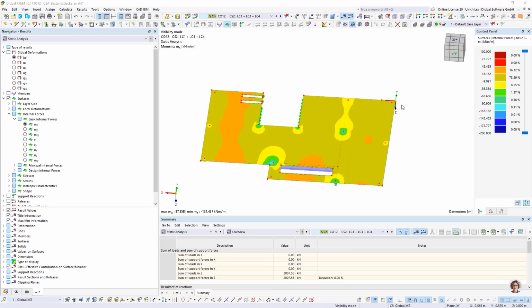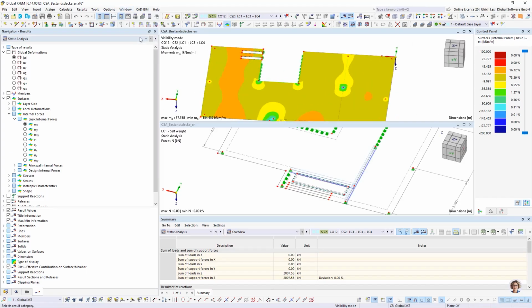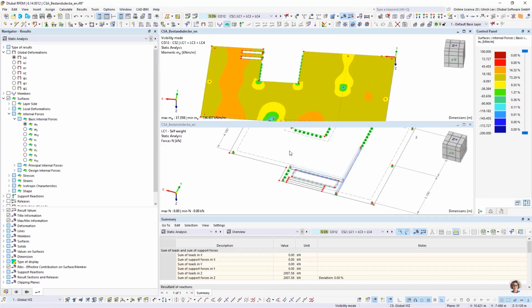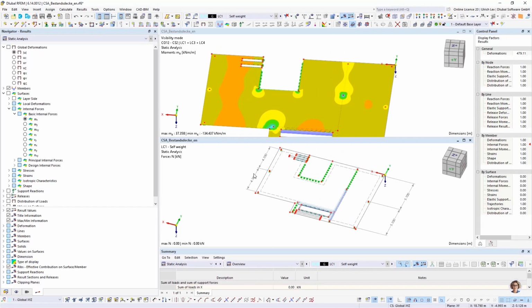It is not possible to overlay some two results, so you have to compare it visually. Maybe this is possible when you create here a new window and say, okay, you want to see it both together.